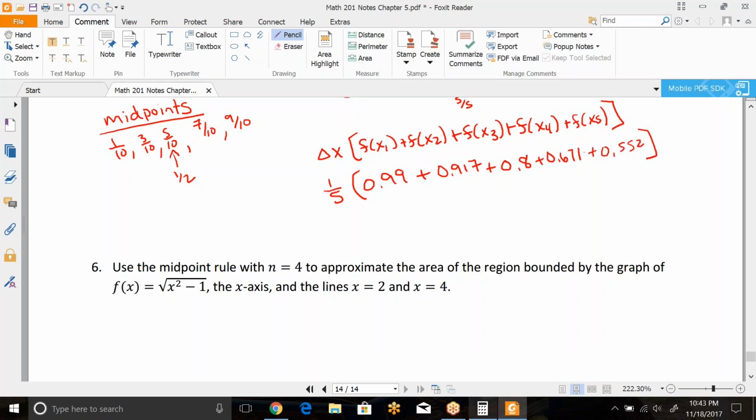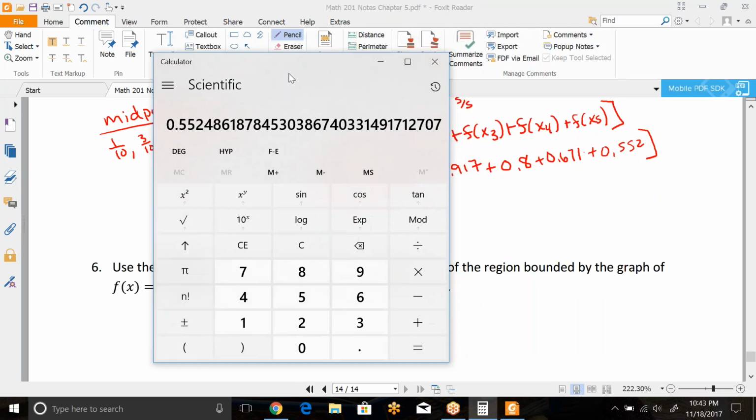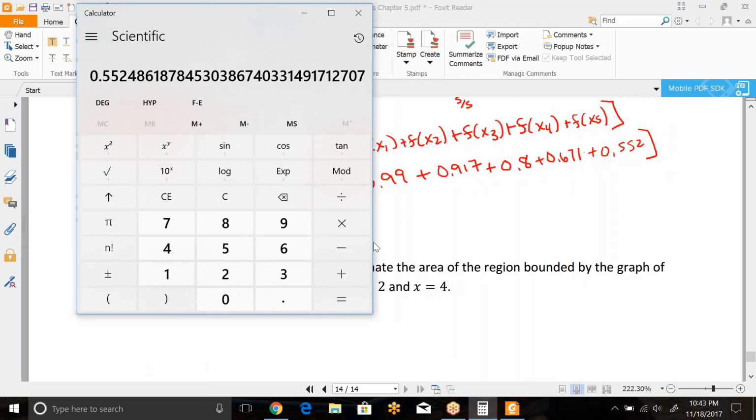Okay, so we add together all the ones we have, and then we divide by 5 since we have the 1/5 out front. So this would be 0.552 plus 0.671 plus 0.8 plus 0.917 plus 0.99, and then divided by 5.